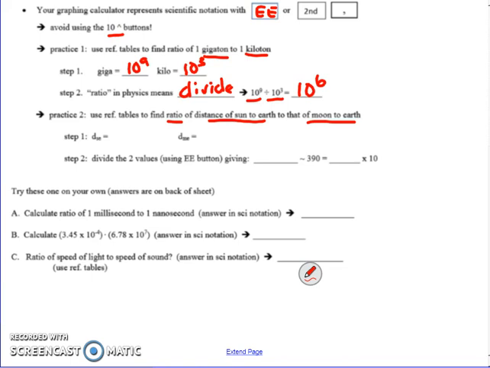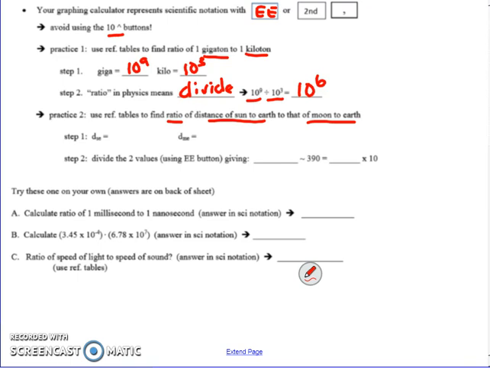If you go to the front page of the reference tables, you see the first table has a bunch of important numbers, and about a third of the way down, we'll see mean distance of the Earth to the moon, and mean distance of the Earth to the sun. So I'm just going to write the power of 10 here, because I'm looking for an approximation right now. Okay, I'm going to use the symbol D for distance, and I'm looking for sun to the earth.